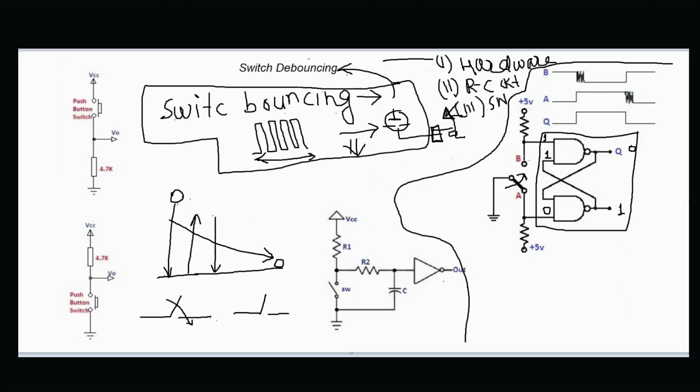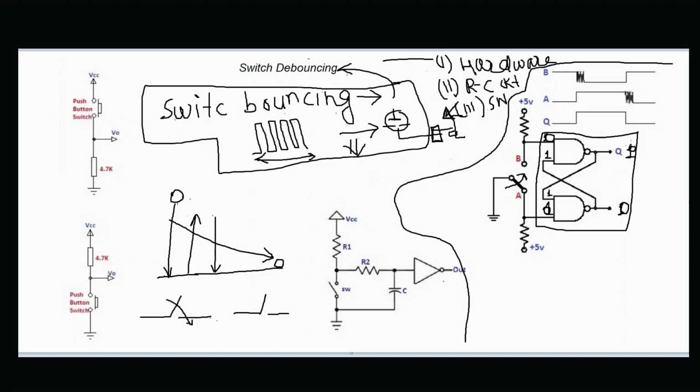Now you switch from position A to B. So this part will be 0, from 1 it will become 0. Now since it is a NAND gate, the output will be 1, right? So 1 will come over here, and now when it has gone to position B, this is pull up, so this becomes 1, and then it becomes 0.